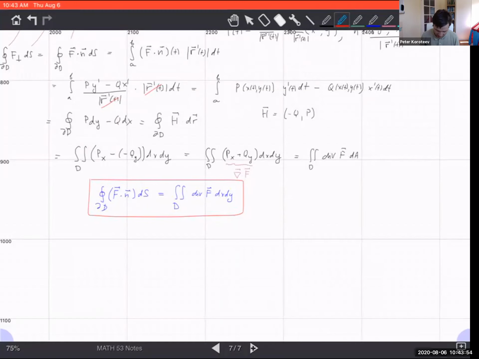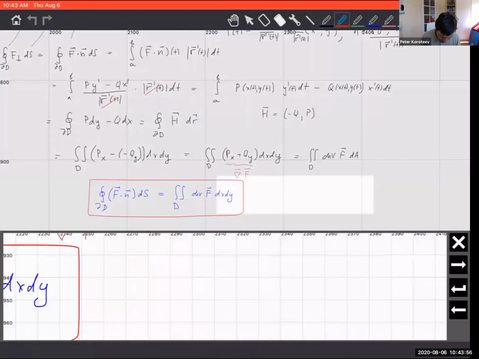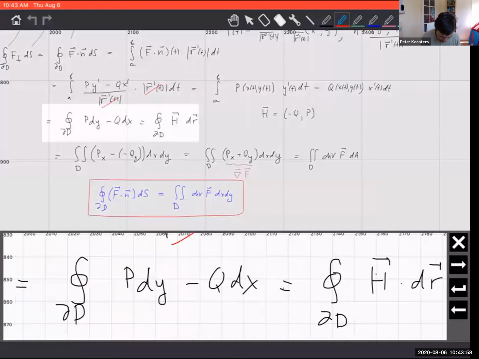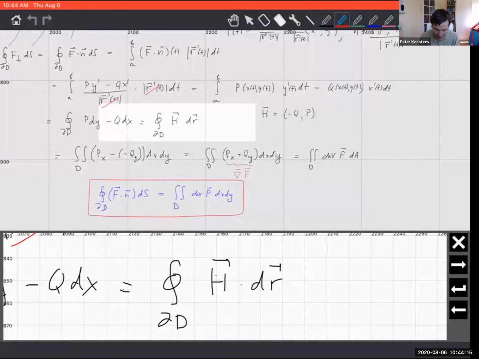What is h again? h is this new vector field here. We got to this line, the integral over the boundary of p dy minus q dx, and I want to interpret this as a contour integral of a vector field.